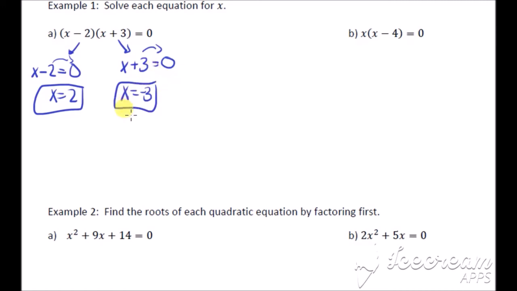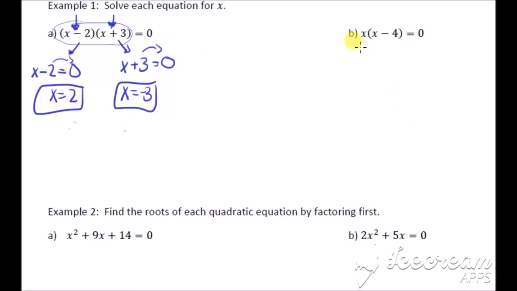So if we sub in a 2 here, it's going to equal 0, or a negative 3 here. So there are actually two numbers for x that satisfy this equation.